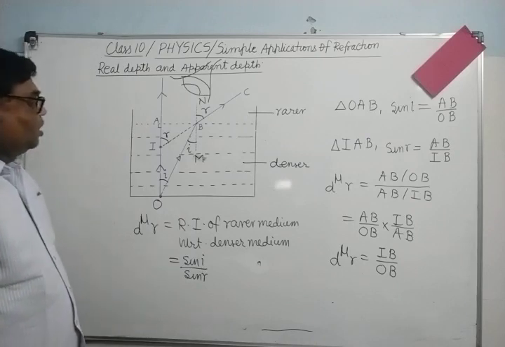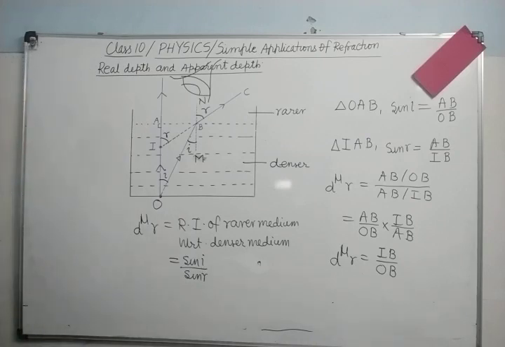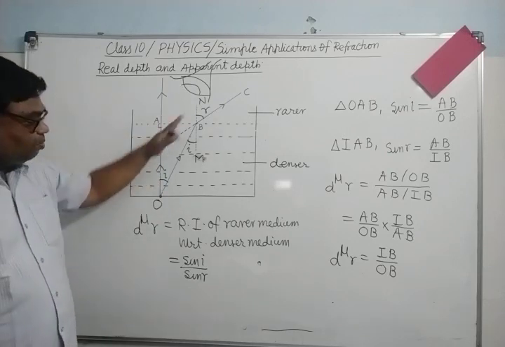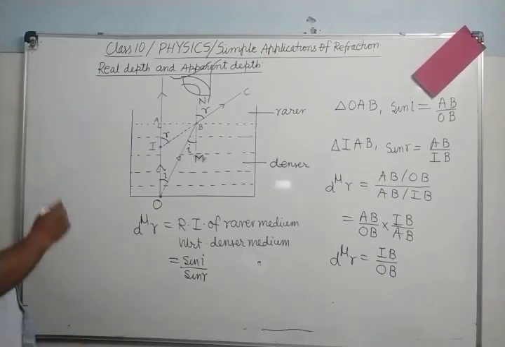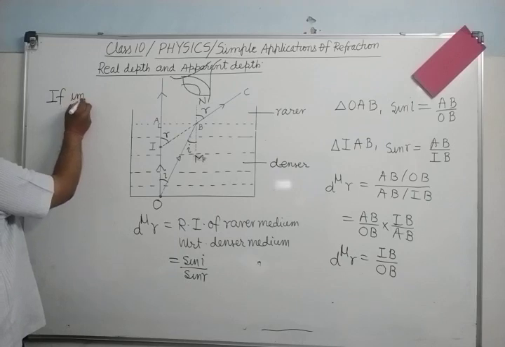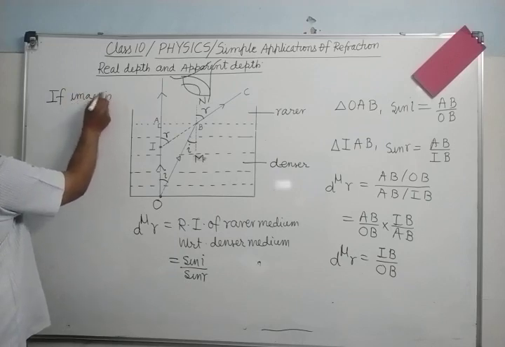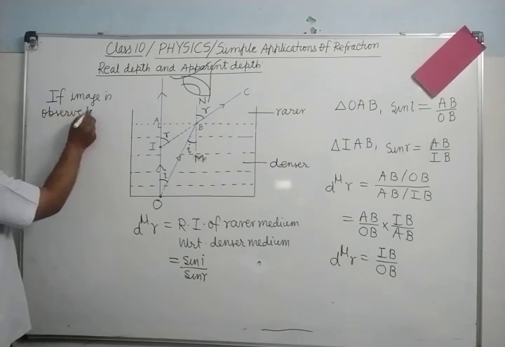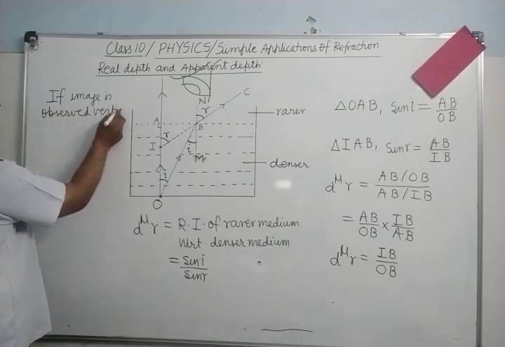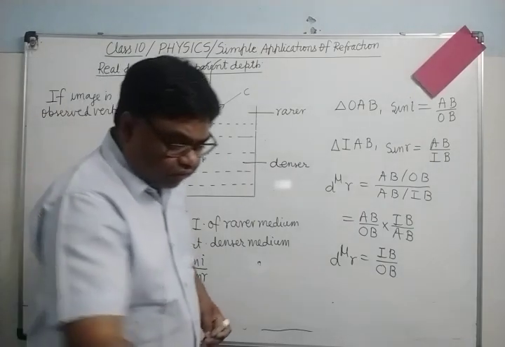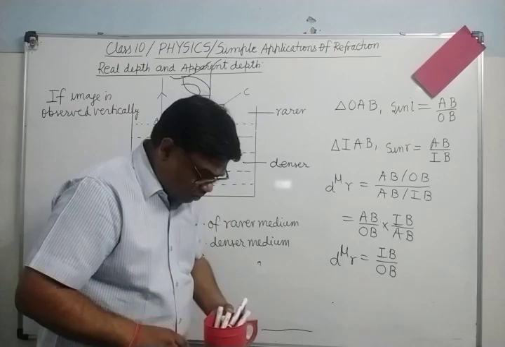Now see here. Here we have assumed that this will be the relation, that is d mu r will be equal to IB upon OB. Now if we assume the image is observed vertically, image observed vertically means suppose this is the container and we are observing this.